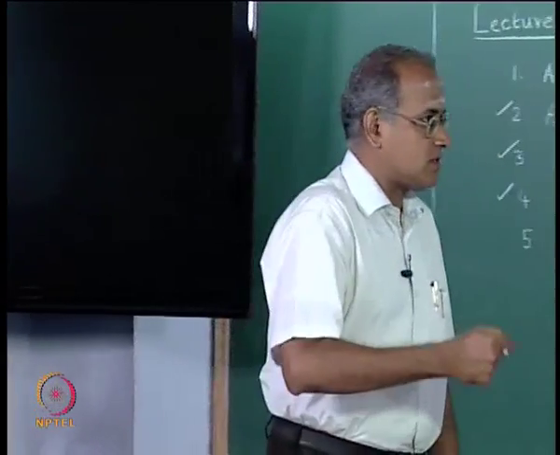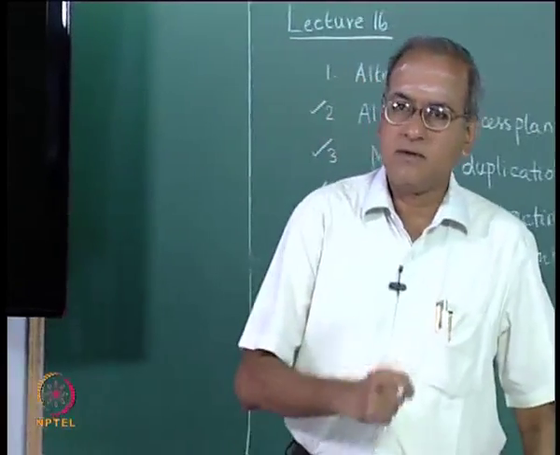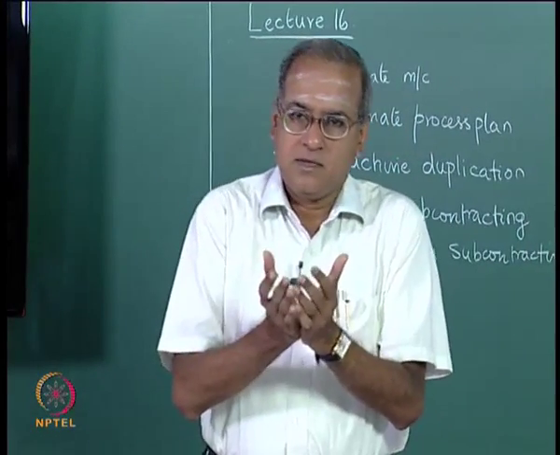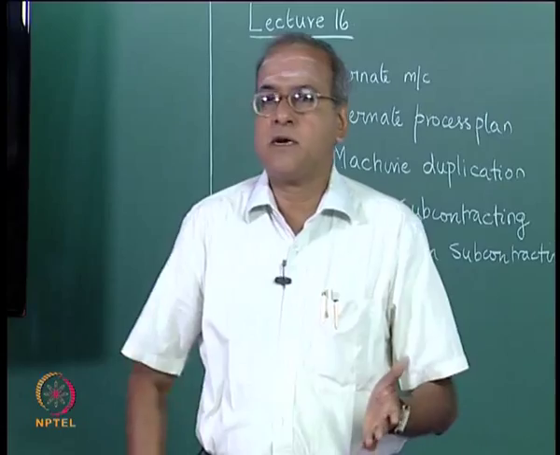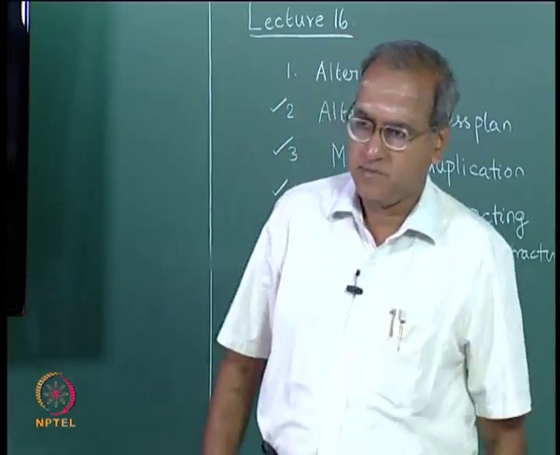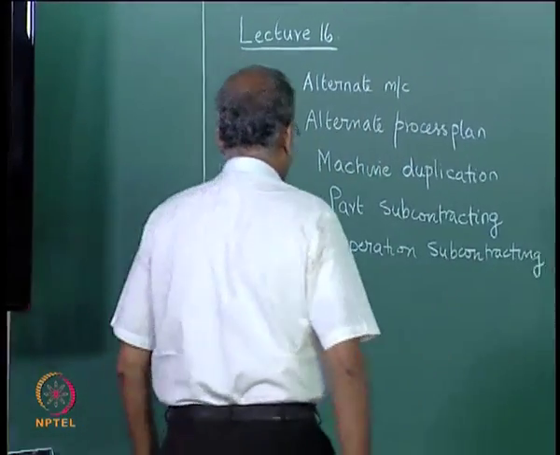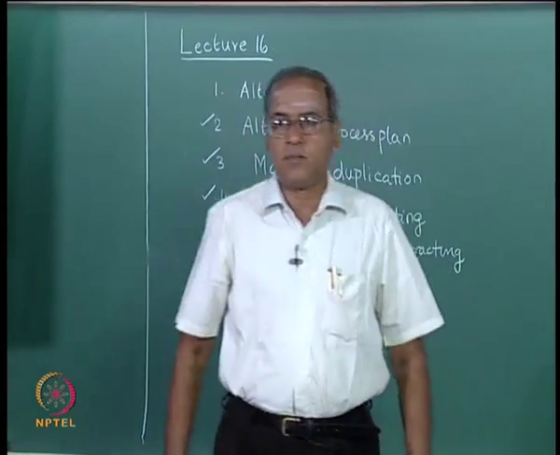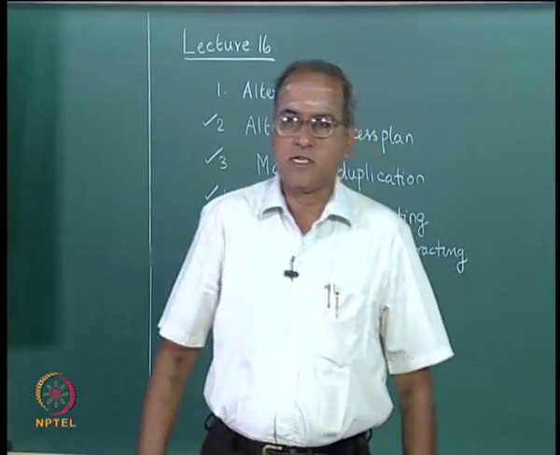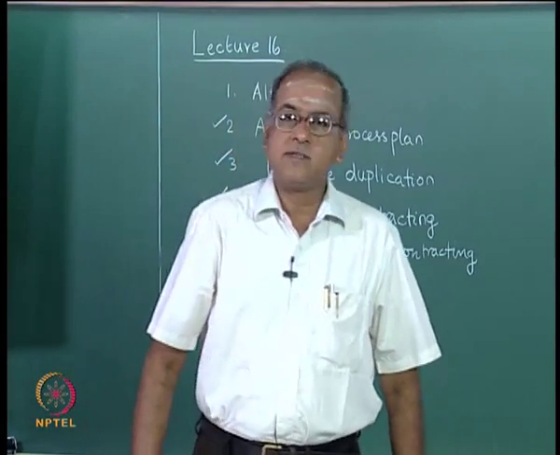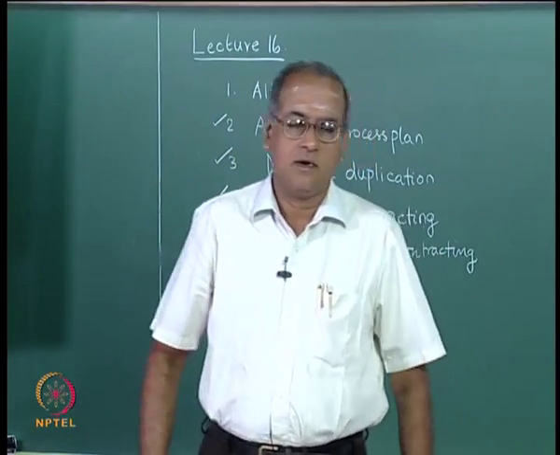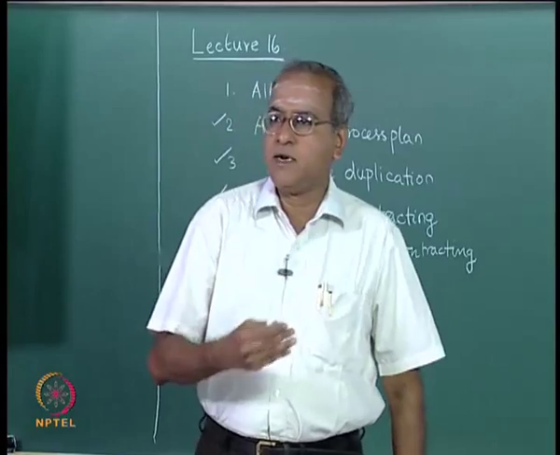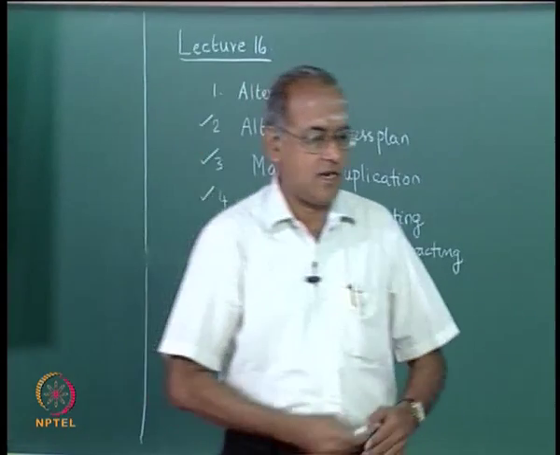So, we have to choose one of them and then assign the part to a group based on the chosen process plan. So, let us look at formulations of this problem and let us see how we modify the Bochter's formulation as well as the P median formulation to include alternate process plans in our analysis.